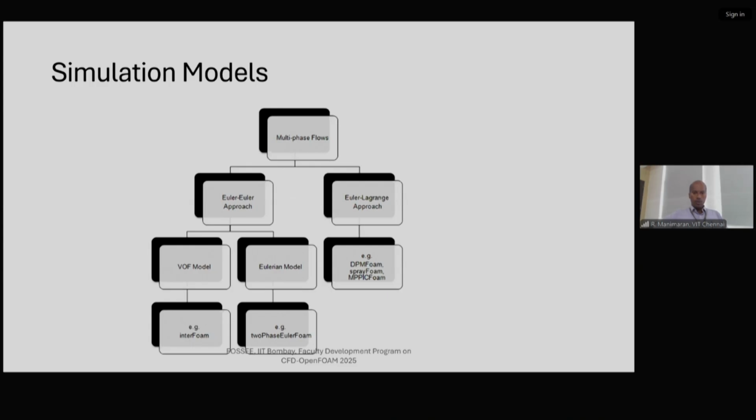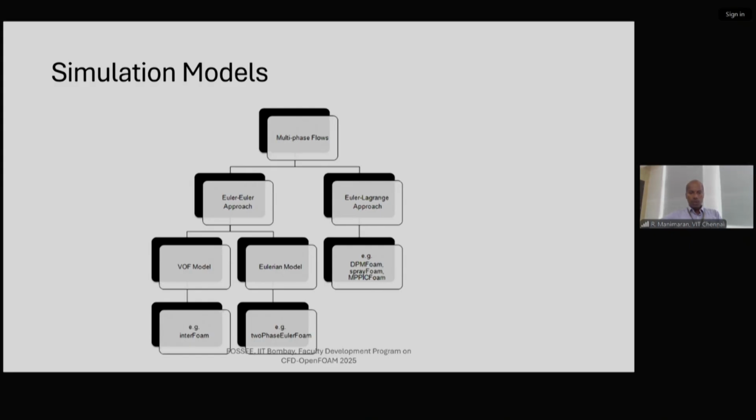Under the Euler approach, we have the volume of fluid model and the Eulerian model. Under the Euler-Lagrange approach, we have discrete particle approaches like sprayFoam, MP-PIC, particle-in-cell methods for multiphase flow. So it is available in OpenFOAM also.